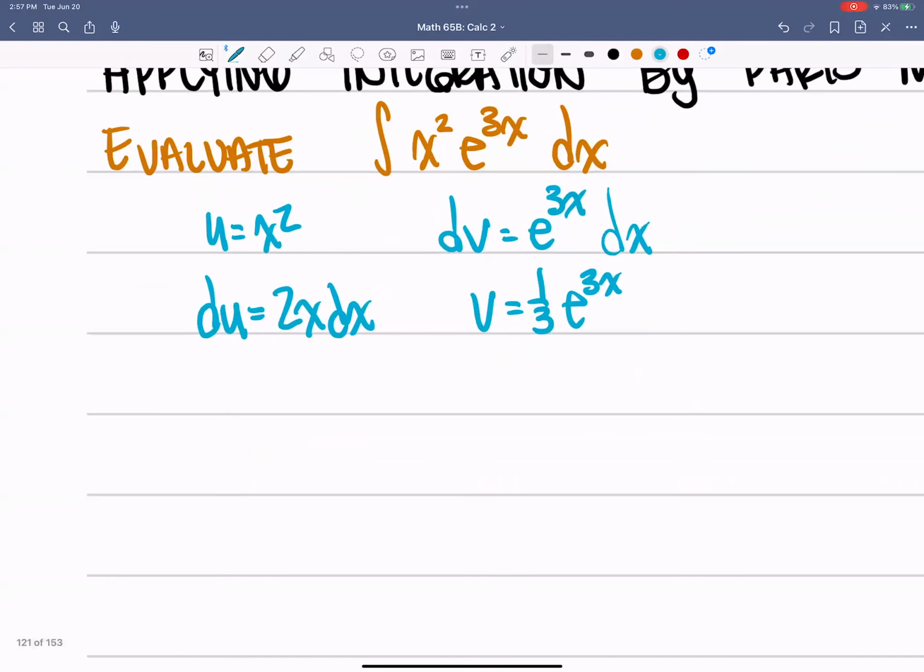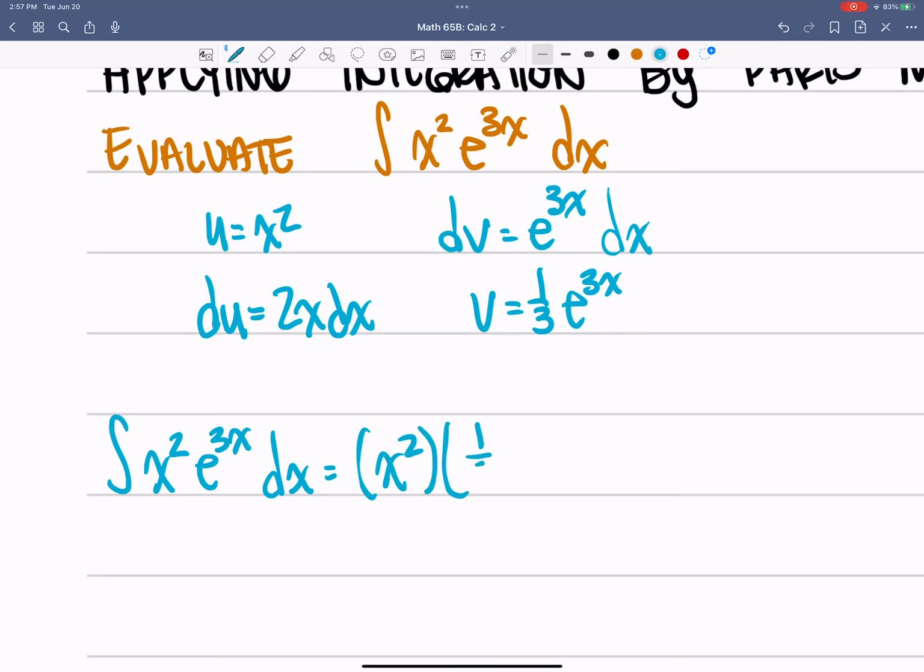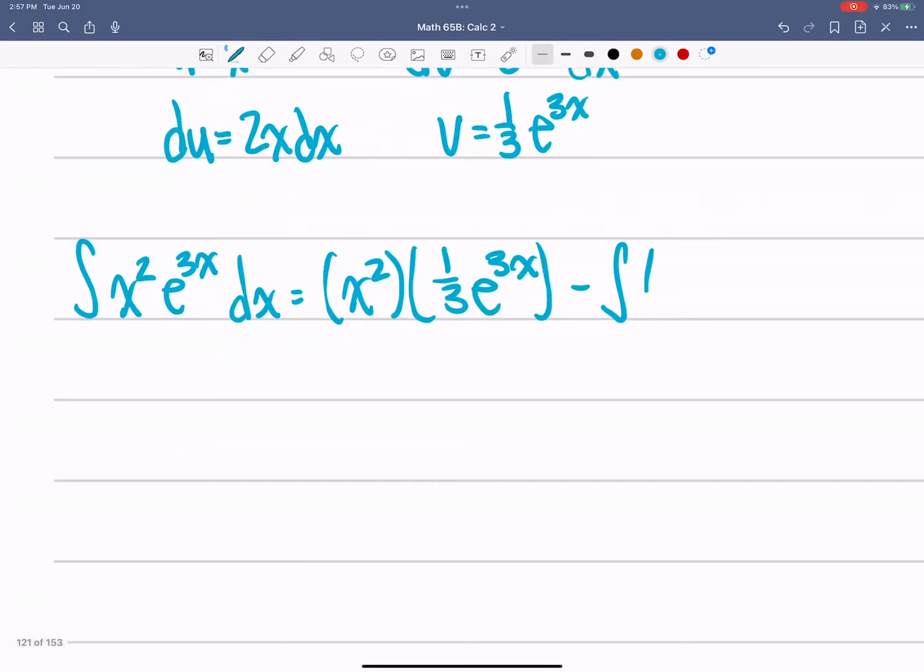Now we have the integral of x squared e to the 3x dx equal to u times v, x squared times 1 over 3 e to the 3x, minus the integral of v du. v is 1 over 3 e to the 3x, and du is 2x dx.